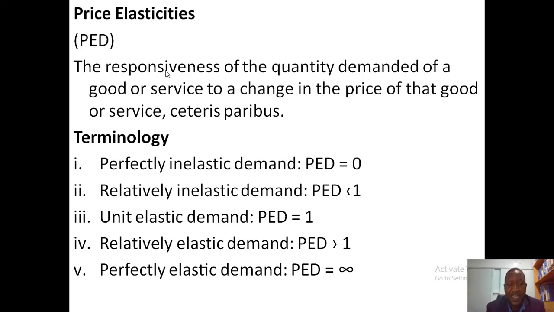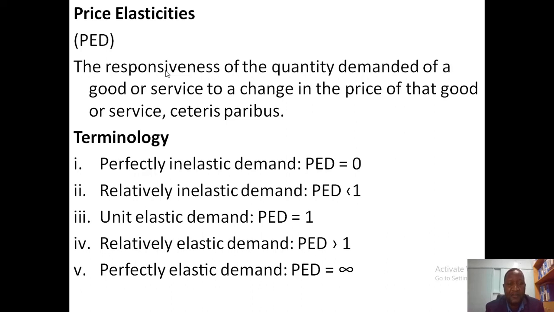So what we're saying here is, does the demand for a particular good change when we change the prices, or how does demand respond to the changes in prices of this particular good?